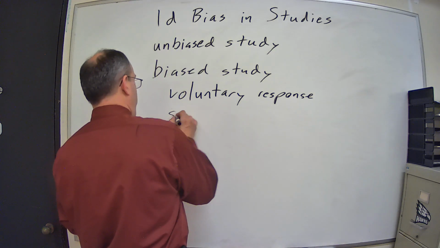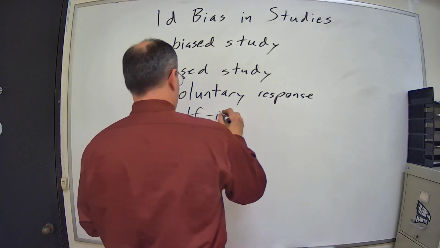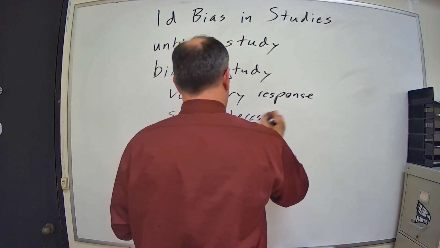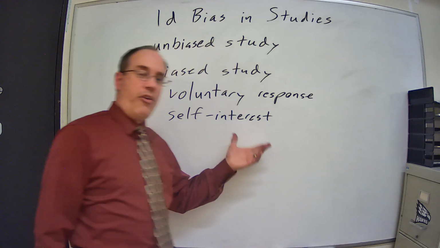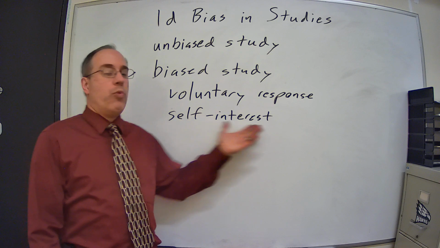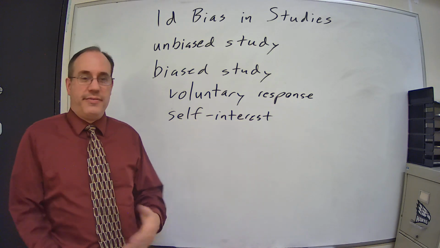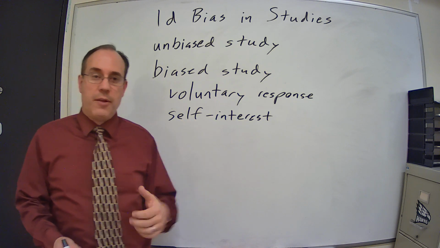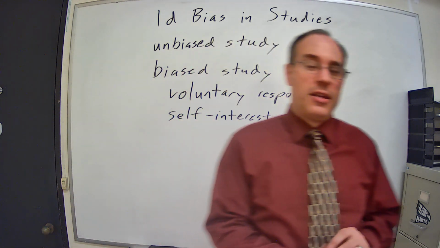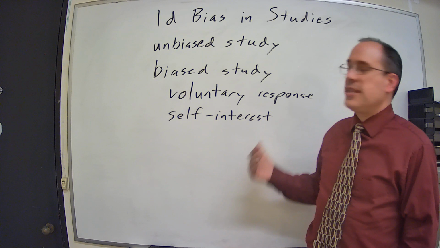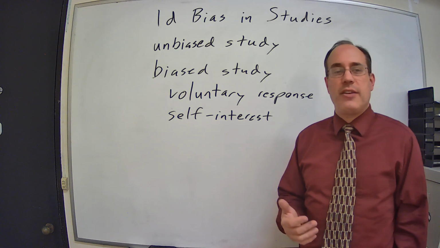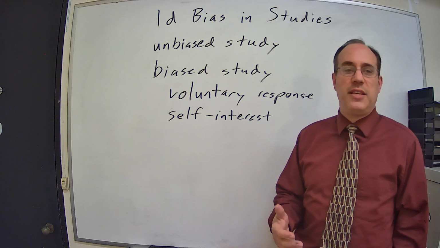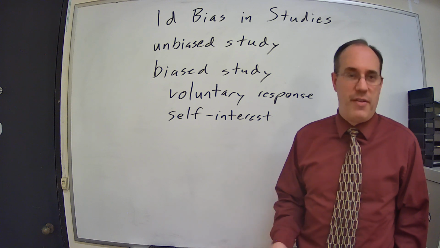Another type is self-interest bias. We have some interest vested in the result. So a self-interest bias, if we have an interest in the outcome, then it is likely that we will do things that will affect the outcome to be more in our favor.